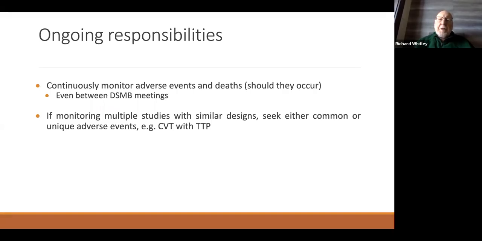Okay, ongoing responsibilities. We need to continuously monitor adverse events, should they occur, and in particular deaths, and even deaths and severe events that occur between data safety and monitoring board meetings. In monitoring multiple studies with similar designs, we need to learn about common unique adverse events.